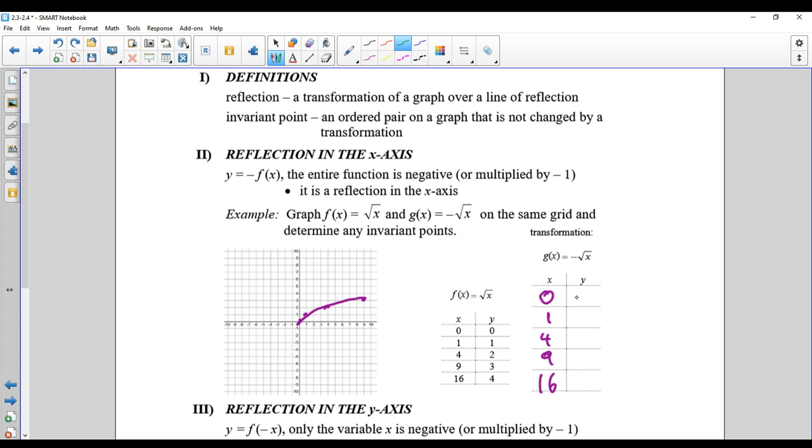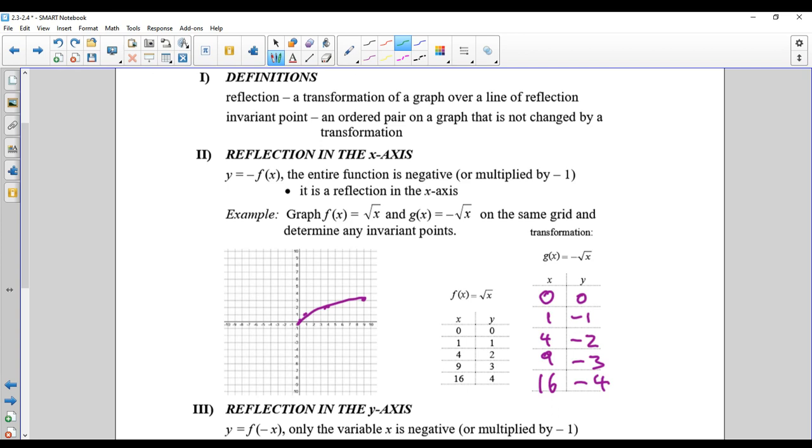My y values now become negative. Well, 0 can't be negative, so it's still 0. But this becomes minus 1, minus 2, minus 3, minus 4. So all the y values simply change sign. Now, I didn't say they become negative, because if they were negative in the first place, they become positive. But if they were positive, they become negative.